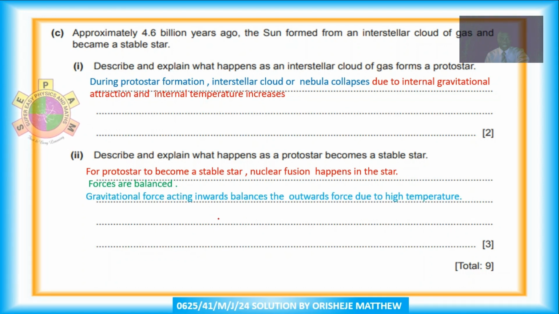So the gravitational force acting inward balances the outward force of the high temperature coming from the nuclear fusion taking place in the core of the protostar.